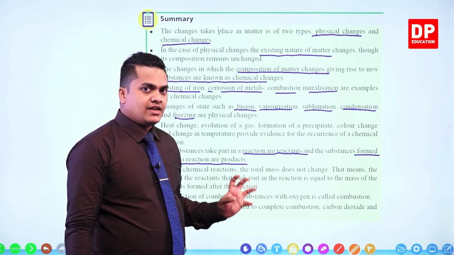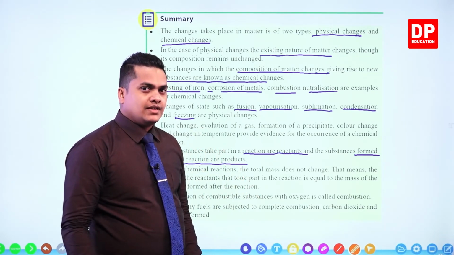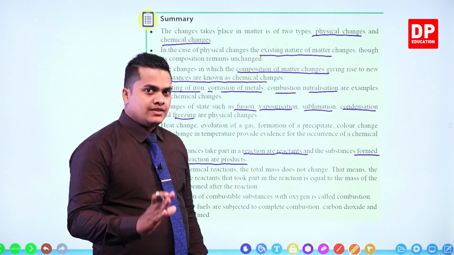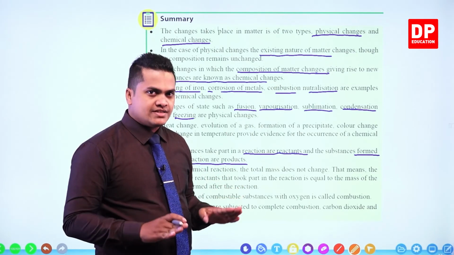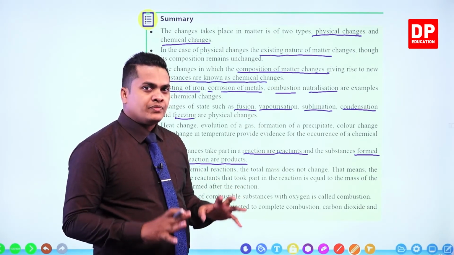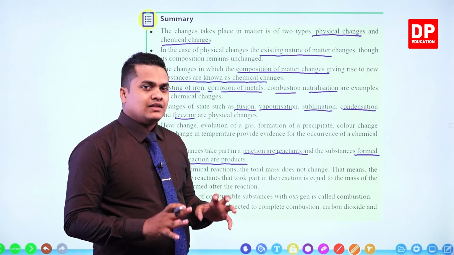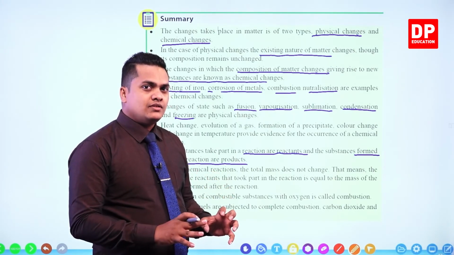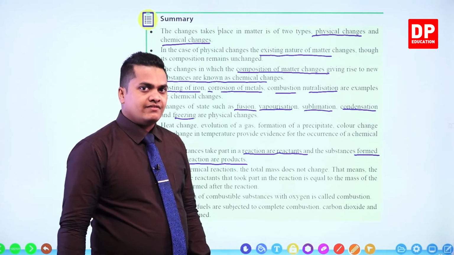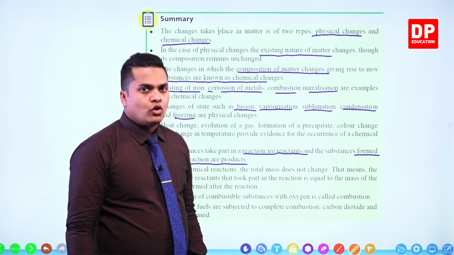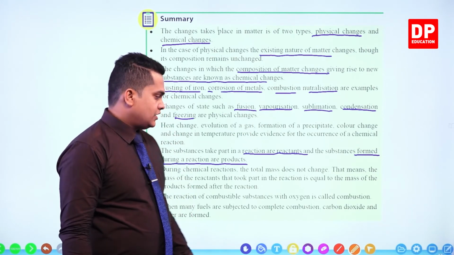This reflects the law of conservation of mass. In a chemical reaction, the entire mass of reactants and products is conserved. Therefore, the total mass before and after a reaction in a closed system is a constant value. This is called the law of conservation of mass.